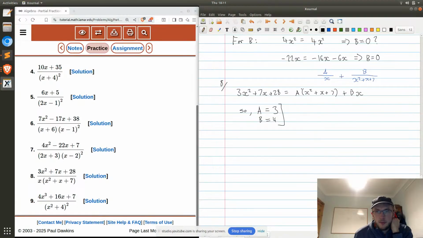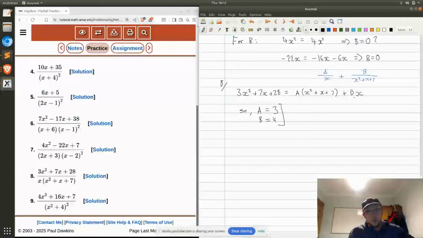Then 3x and 4x, that's fine. Get 7x. Then 21, which is not 28. So you actually need something else here. It will go on top of here somehow.